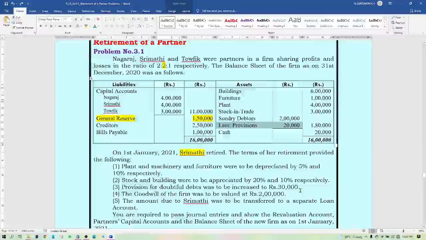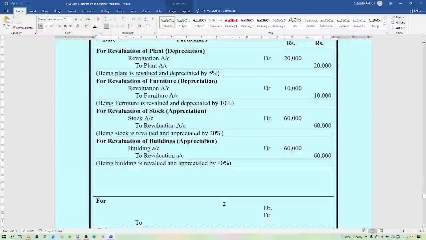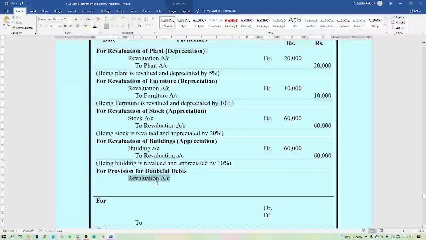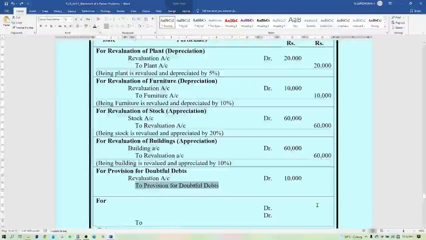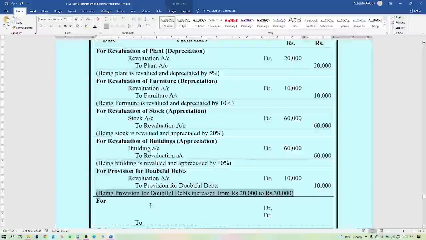Therefore, revaluation account has to be debited. The journal entry for increased provision is revaluation account debit 10,000 to provision for doubtful debts 10,000 rupees. The narration is being provision for doubtful debts increased from 20,000 to 30,000.